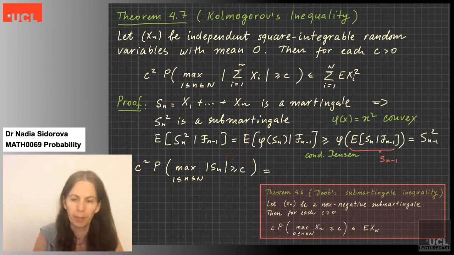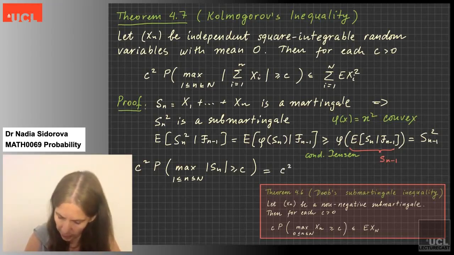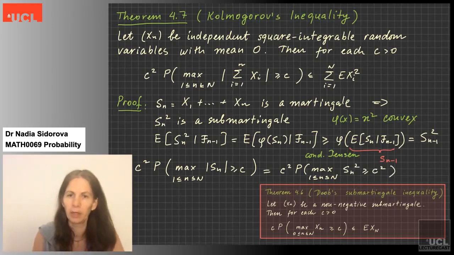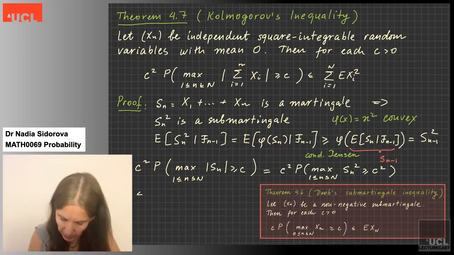Nothing will happen to them because they are non-negative. So C squared times the probability of the maximum of Sn squared greater or equal than C squared. Now I have a non-negative submartingale, so Doob's inequality tells me it's less or equal than the expectation of Sn squared, right?